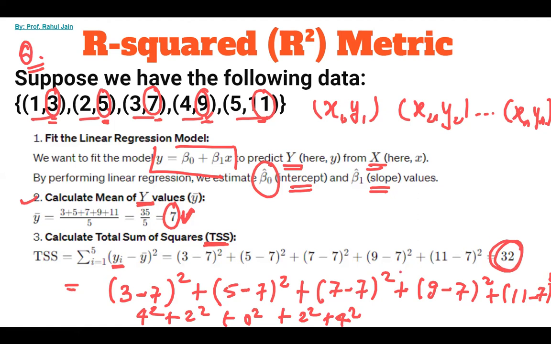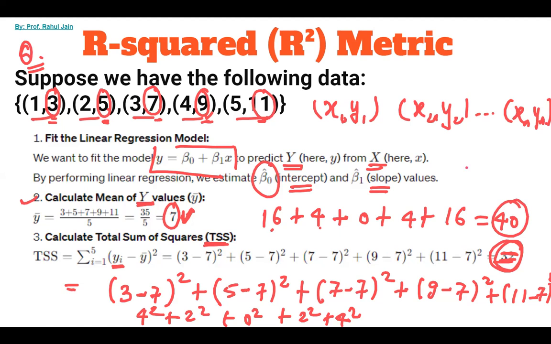Okay, so 3 minus 7, that is minus 4 whole square, that is 16, plus 5 minus 7, 2 whole square, that is 4, plus 0, plus 9 minus 7, 2 whole square, that is 4, plus 11 minus 7, 4 whole square, again 16. So the value we are going to get is 16 plus 4 is 20, plus 20, that is 40. The value we are getting is 40.